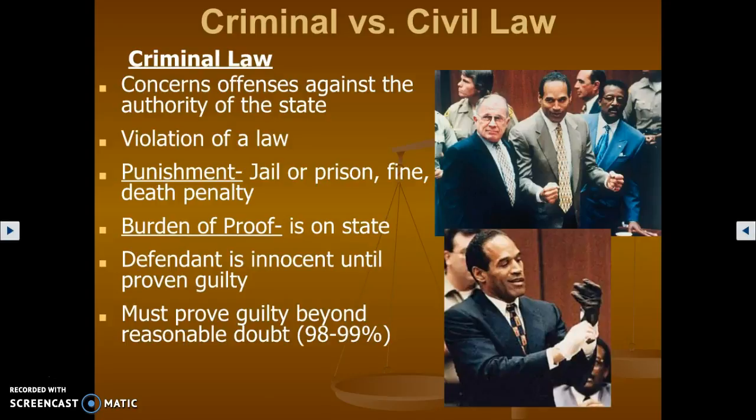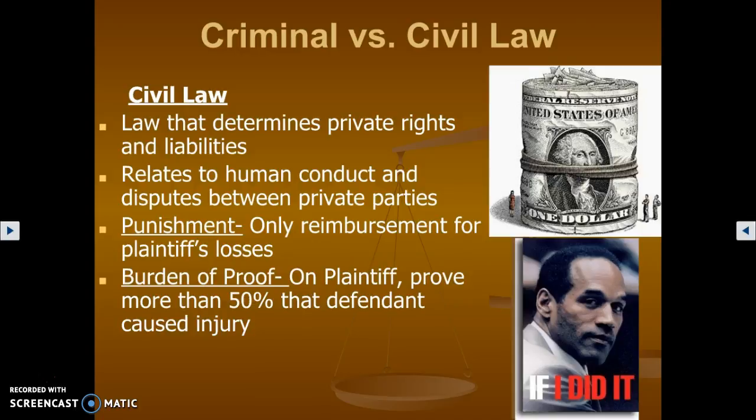And what's really tricky with criminal law is that you have to prove beyond a reasonable doubt that you are in fact guilty. And so that's where we get that 98-99% certainty that you are in fact guilty. If we compare this to civil law, that's a law that determines private rights and liabilities. So you think of contracts or disputes between private parties. The punishment for this is only reimbursement.